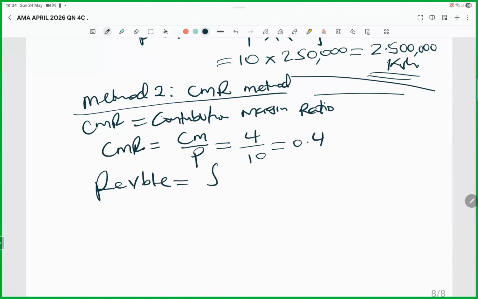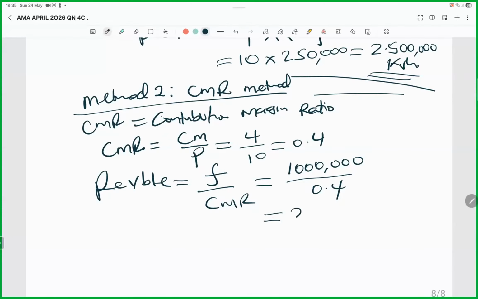You take fixed costs all over CMR. Our fixed cost, if you remember very well, was 1 million. CMR is 0.4. Is there somebody who is able to confirm that Mwalimu, this one is giving us the same answer like the one we got above?